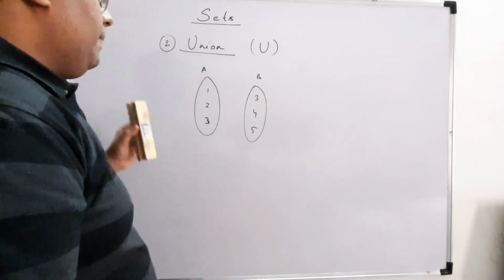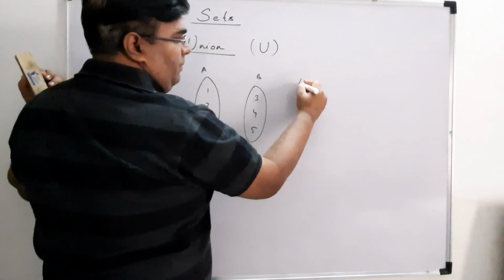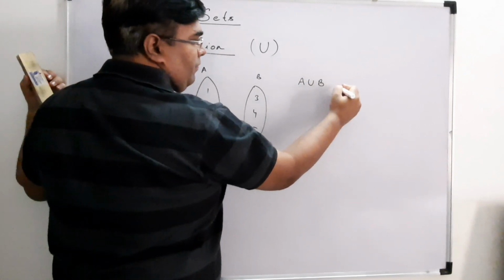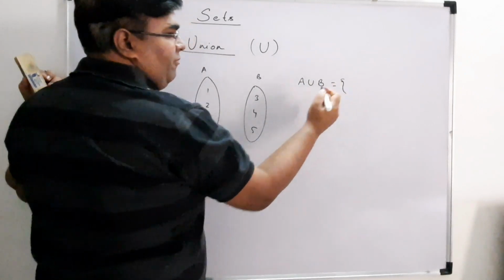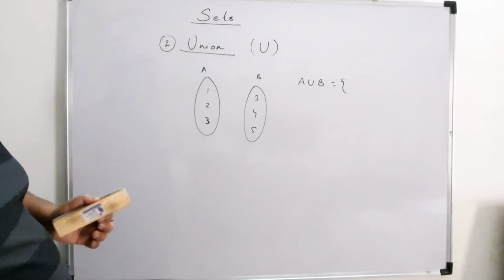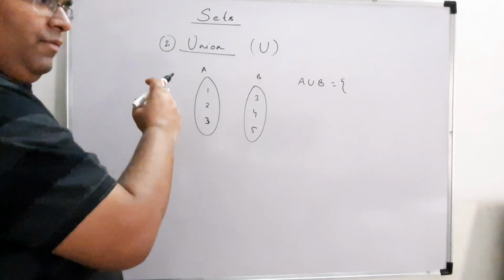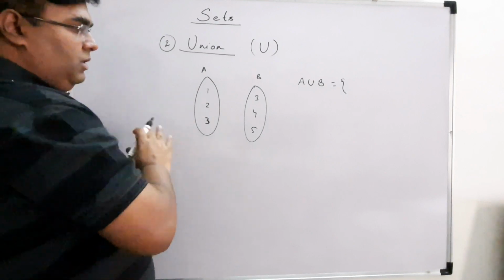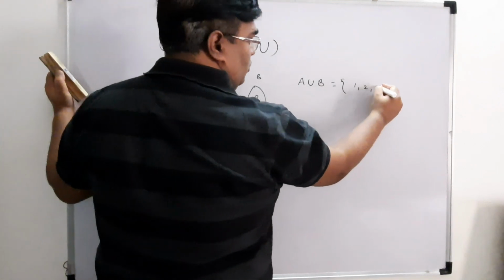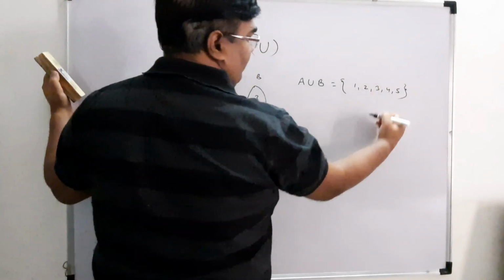If I want to find A union B, it will give me all the elements which belong to A and which also belong to B. It's all the elements 1 2 3 4 5.